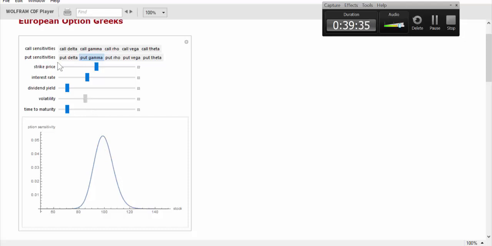The changes are occurring on the y-axis, and as volatility goes up, the put gamma is going down. Can you see that? 0.04, 0.03, 0.02, 0.01, and so on. So when you play around with this, you start to understand what I'm talking about.